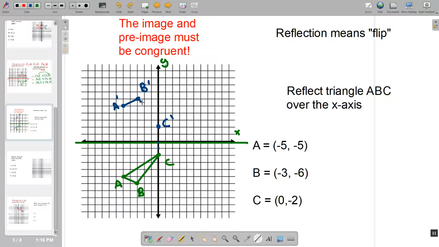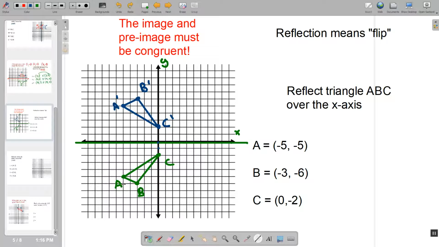And where reflections get a little tricky is we have to know that this shape is congruent to the shape below. And the eye test tells us that they do look like they are the same shape and the same size, but it is really, really hard to tell exactly. And there are some mathematical ways to figure that out, but we haven't covered them yet. For now, the best way to tell if something is equal is to follow the pattern.